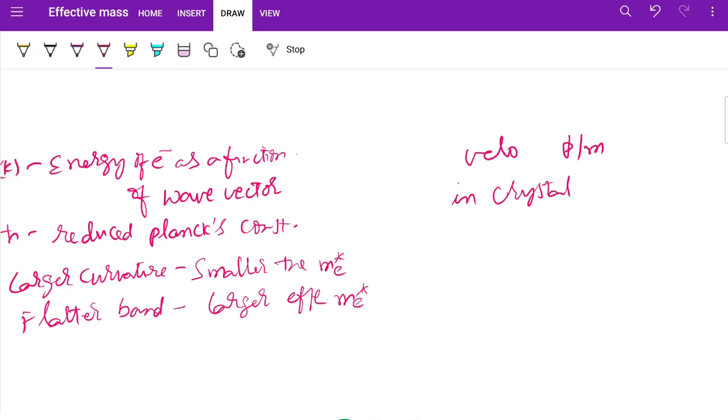Because of this, the electron possesses a group velocity, which is given by v of k, velocity as a function of wave vector, equal to 1 by h cut d epsilon by dk. This velocity comes directly from the slope of the energy versus wave vector curve. So both velocity and mass of the electron are determined by the shape of the energy band.